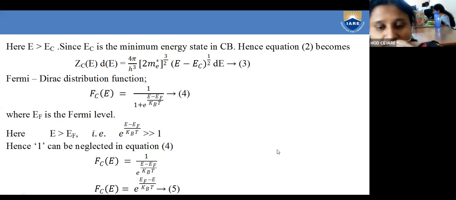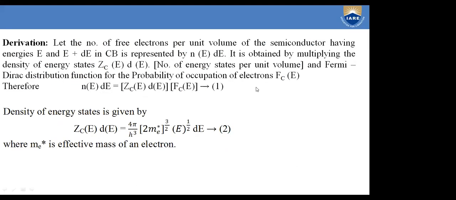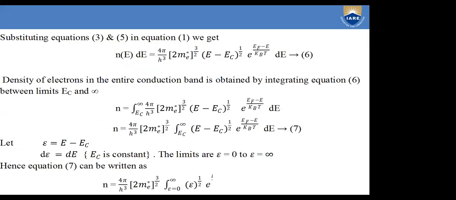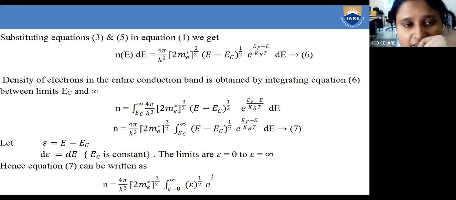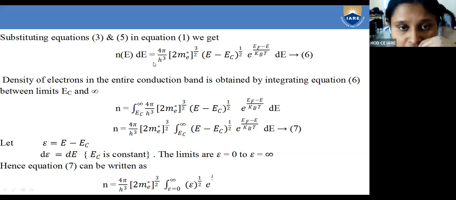After that, students, we substituted these modified expressions for density of energy states and the Fermi-Dirac distribution function in our previous equation 1. Are you able to see the PPT? Okay. So after we substituted, in order to find the total number of electrons in the entire conduction band, we integrated this equation.